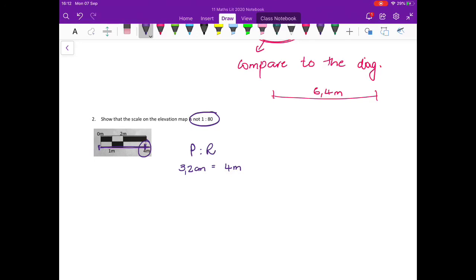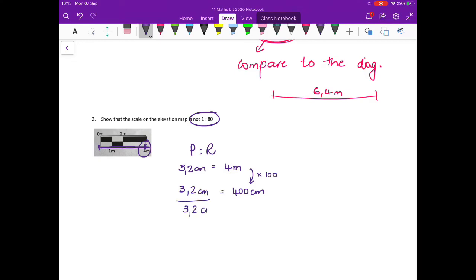So what we've got to do is get to 1 to 80 over here. That is what we are trying to prove. So again, meters to centimeters, King Henry died, so I'm going to multiply by 100, and I will get 400 centimeters. I now have 3,2 centimeters equals that.